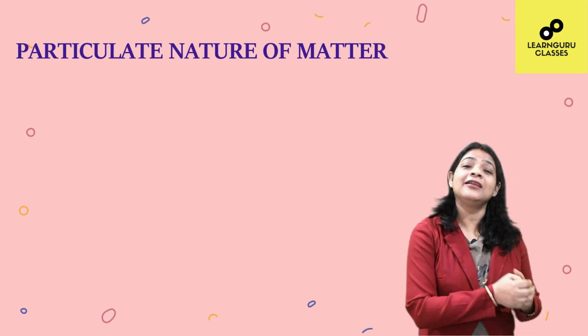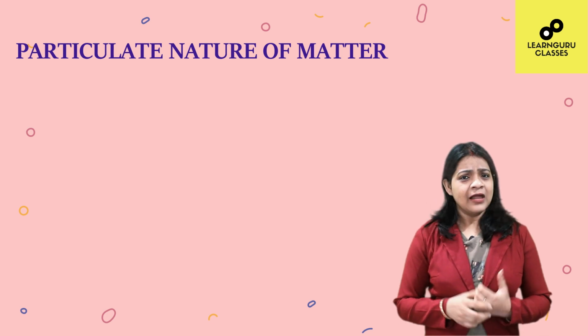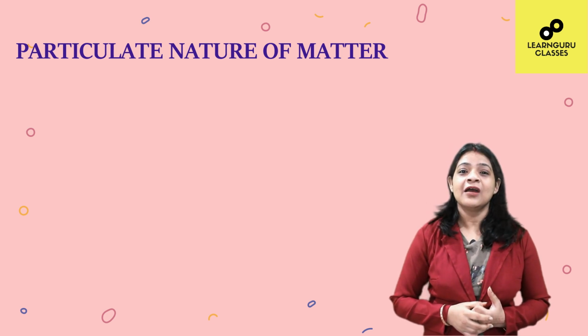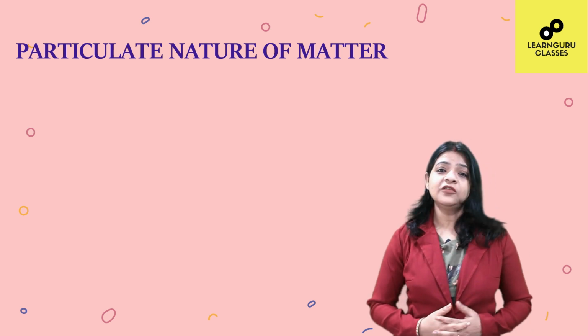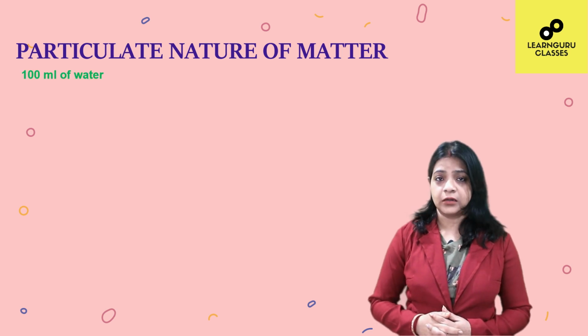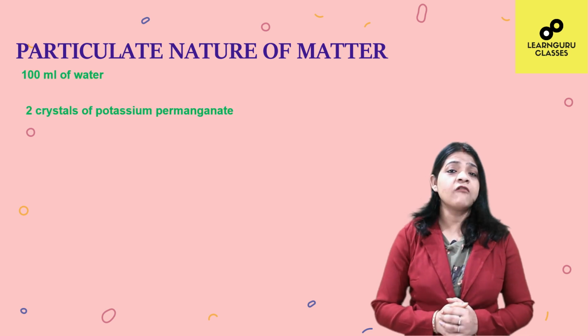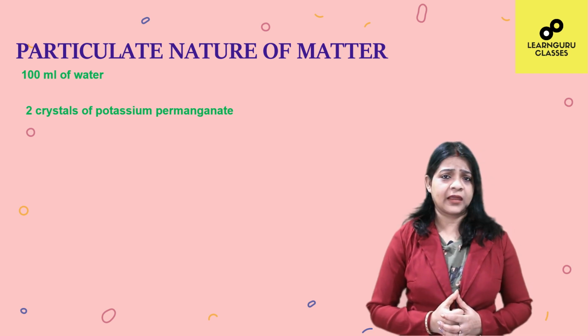To have a clear understanding about the particulate nature of matter, let's try to demonstrate it with the help of an experiment. Now coming to the experiment, we have to take 100 ml of water and 2 crystals of potassium permanganate. Now what is potassium permanganate?